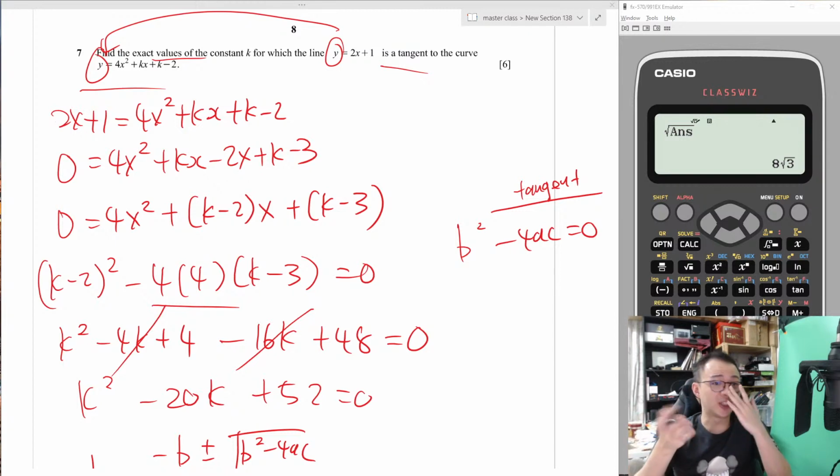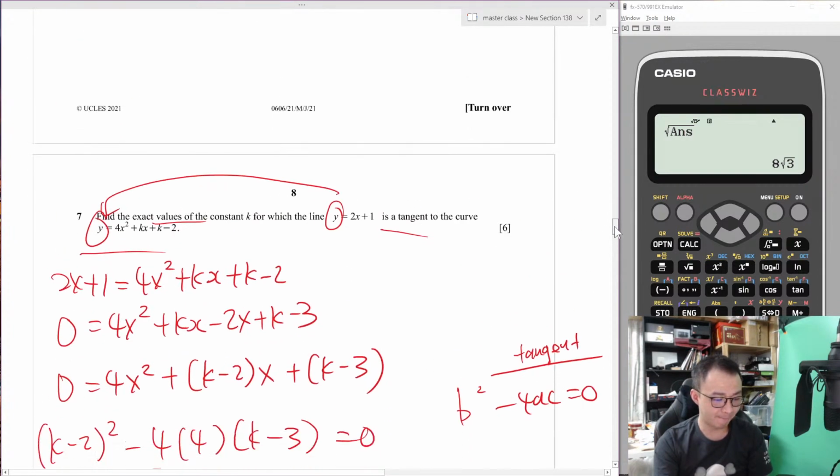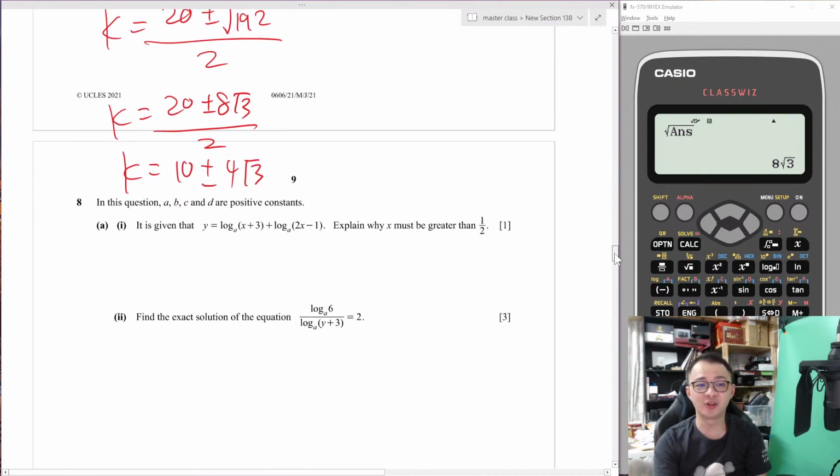Tangent in the quadratic topic means b squared minus 4ac. Tangent in differentiation means the gradient of a straight line and the gradient of the curve are the same. So it depends which topic you are using for tangent here. I checked the answer already and I guess I am correct. Okay, let's move on to the next one.